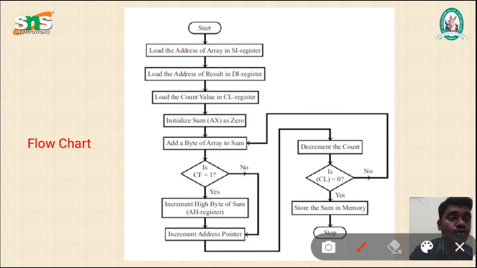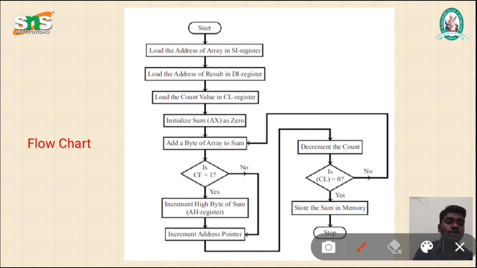Next step, it will move to decrementing the counter, and then the looping concept. If CL is equal to 0, that is yes, the answer will be stored in the memory address 1200. Otherwise it will move to step number 5, add byte of array to sum, and repeat once again.